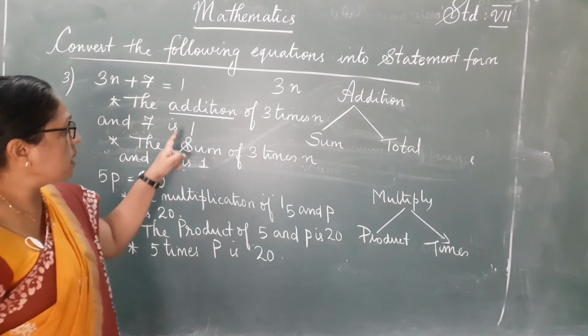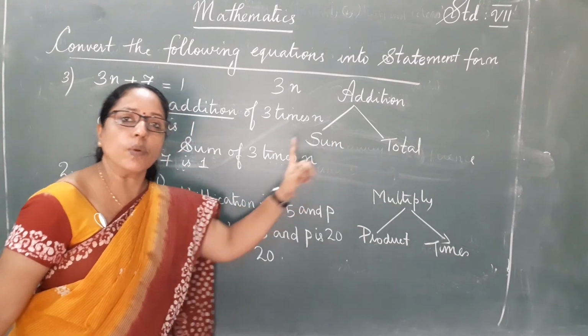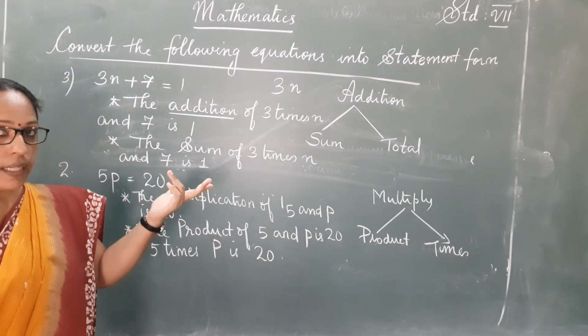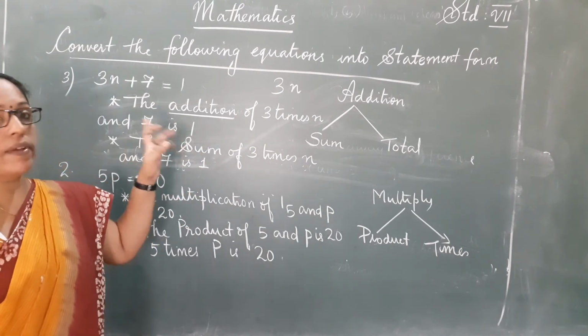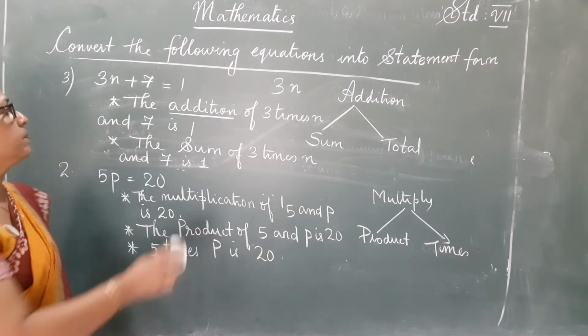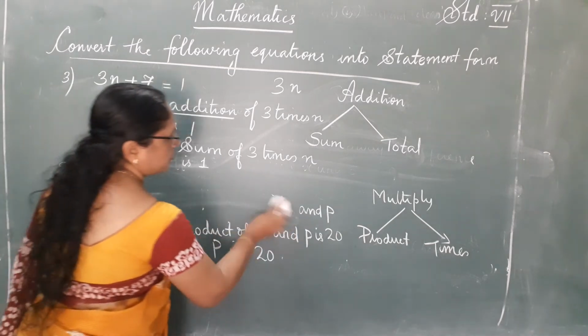Okay. Now replace addition by the next word total. So what do you get? The total of 3 times n and 7 is 1. Okay. That is third one.